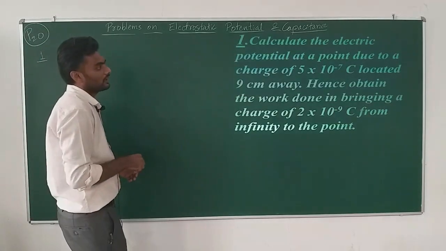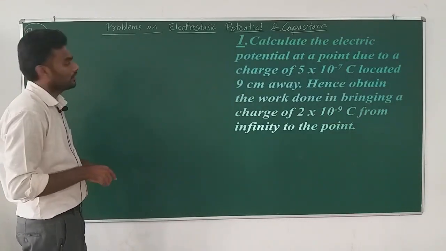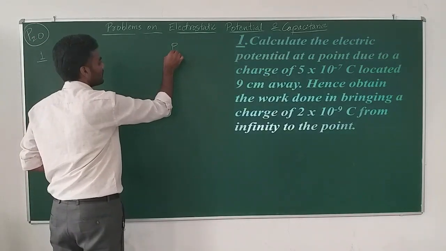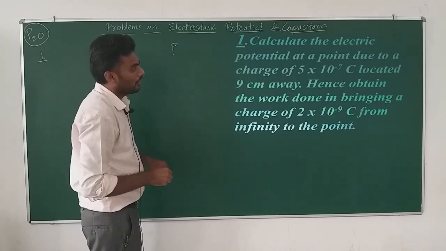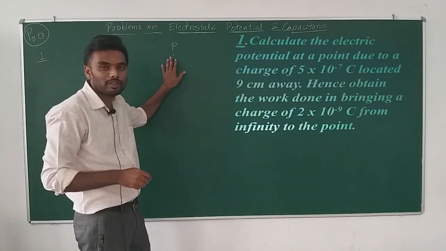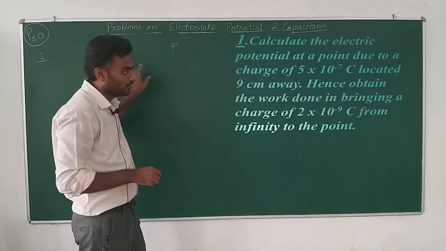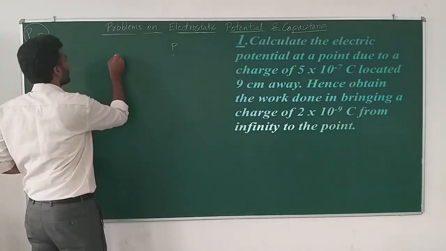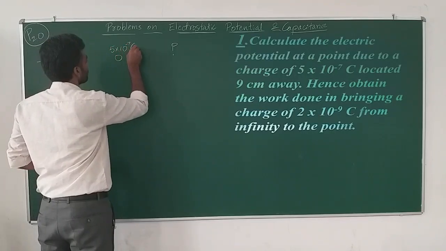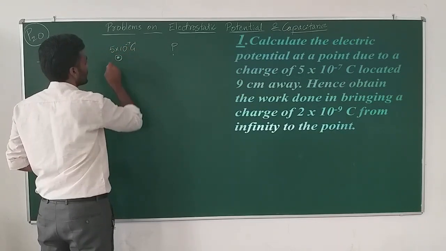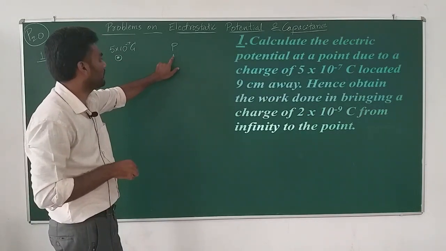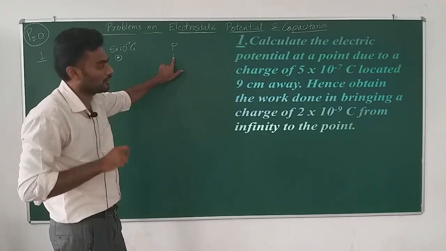What we need to calculate is the potential at a point. Okay, so this is the point where we need the potential. Let the point be P. The potential at this point P is due to a charge which is 5 into 10 to the power of minus 7 coulomb. This is the charge located at a certain position, and this is the point P where we need the electrostatic potential.